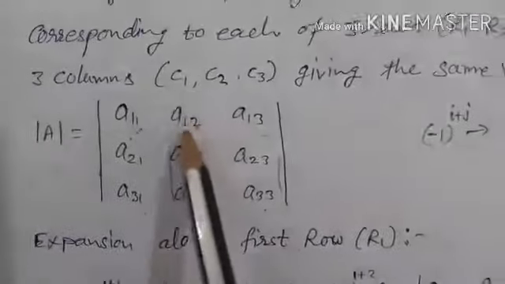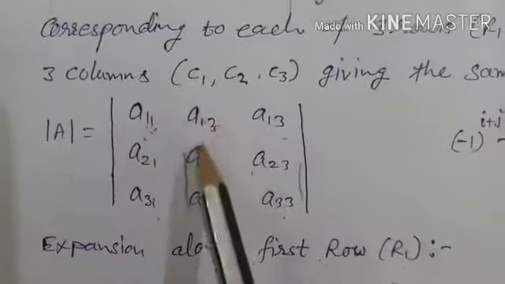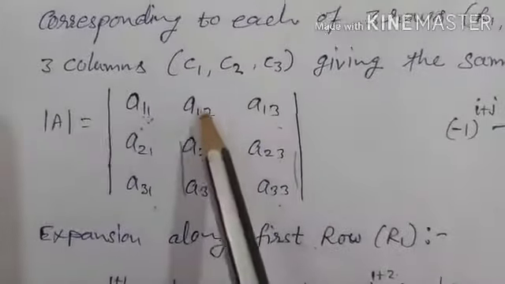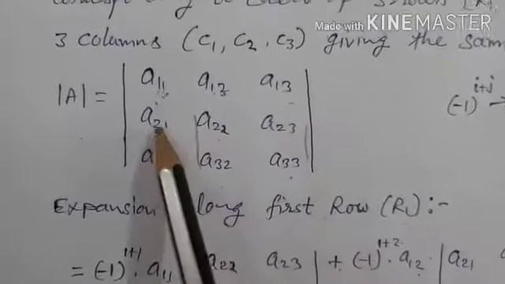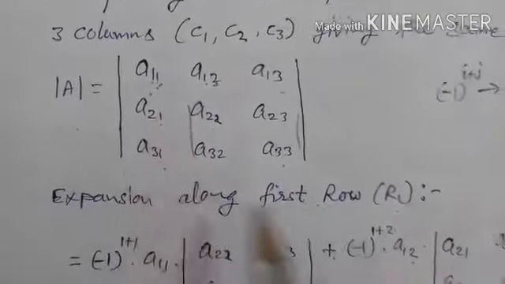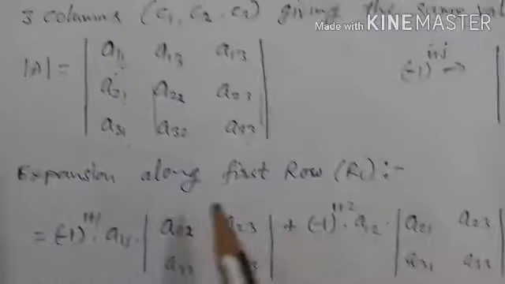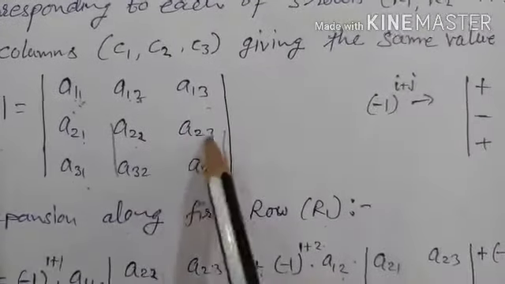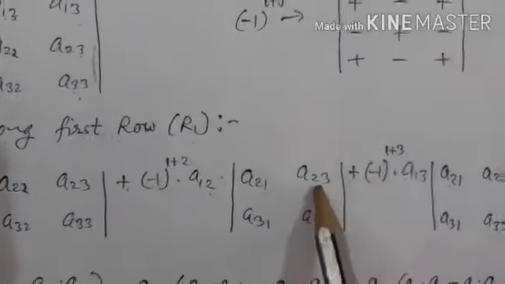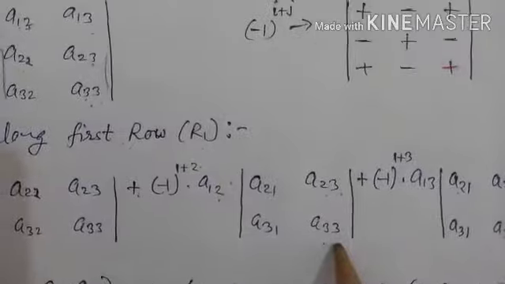Now a12 lies in the first row and second column, so delete the first row and also the second column, and you will get a determinant of 2 by 2. So a21 and a31, and with the second column deleted, a23 and a33.